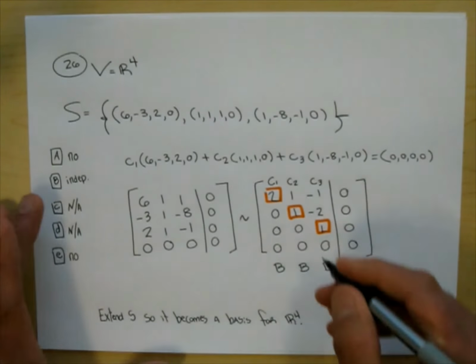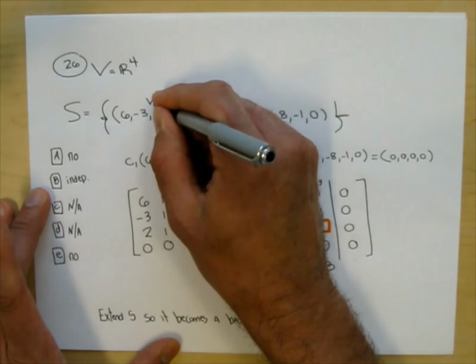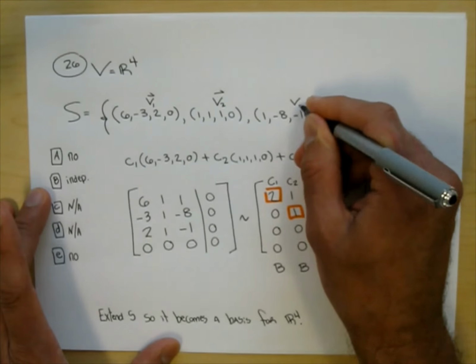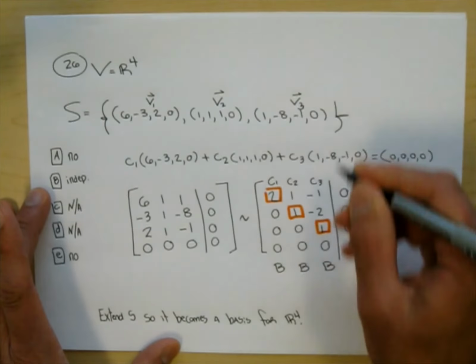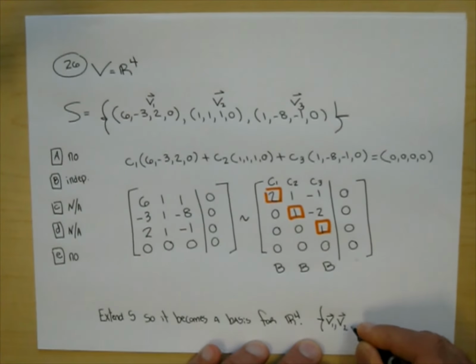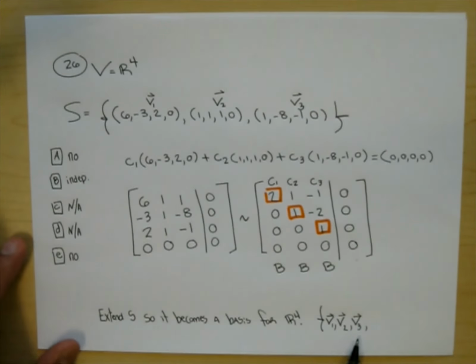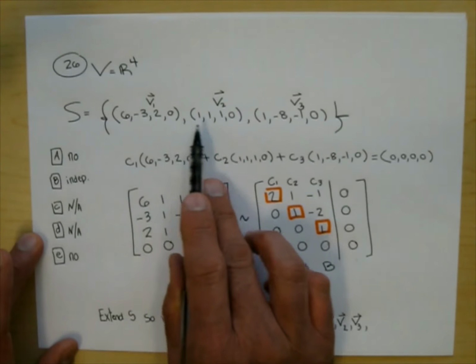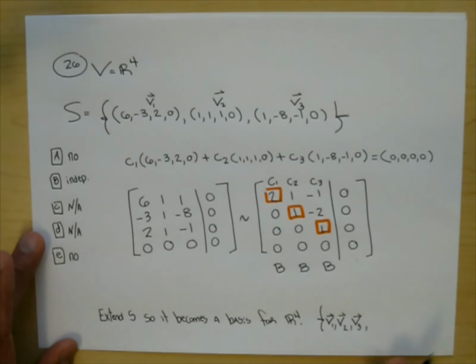Well, let's go ahead and call these V1, V2, V3, and we have to put how many more vectors in there for it to become a basis of R4? So it is an independent set, which means there's no dead weight in there, and that's why I decided to ask this question.